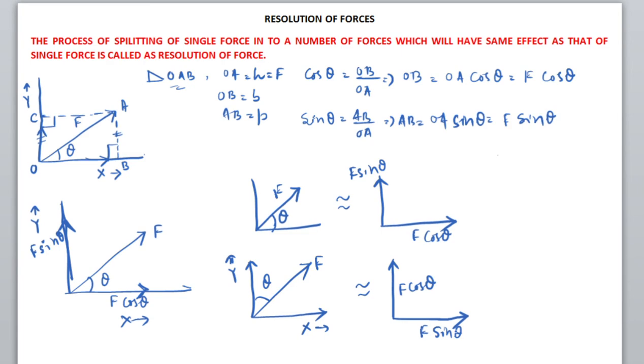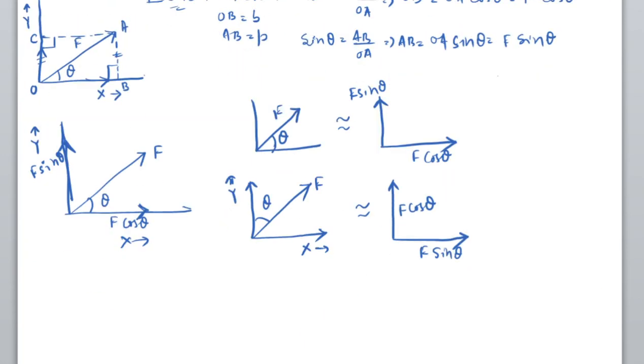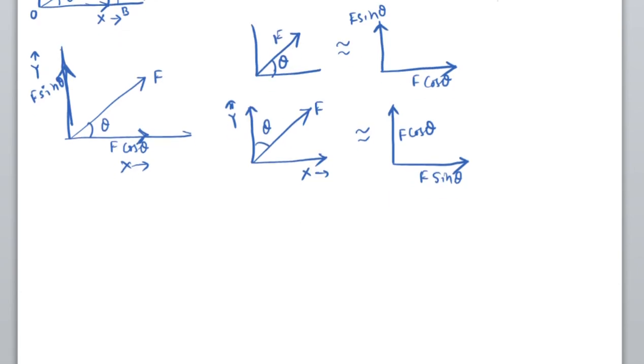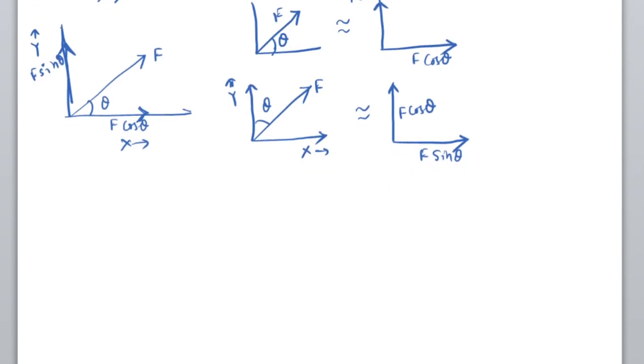As I said, the perpendicular component which is connected to the angle is always a cos component, and the perpendicular component which is not connected to the angle, the rest, is the sine component. So if the force is acting in the second quadrant, at angle theta to the negative x-axis, your force resolution will be like this.